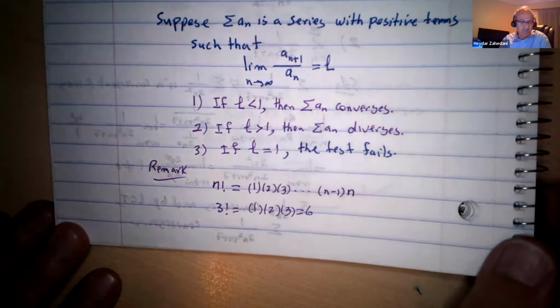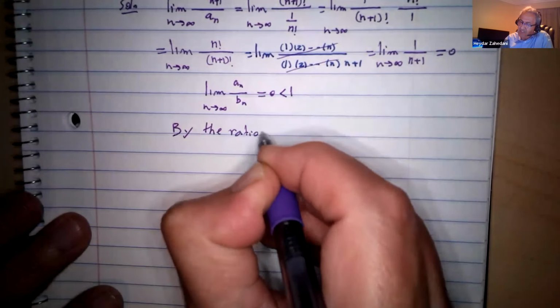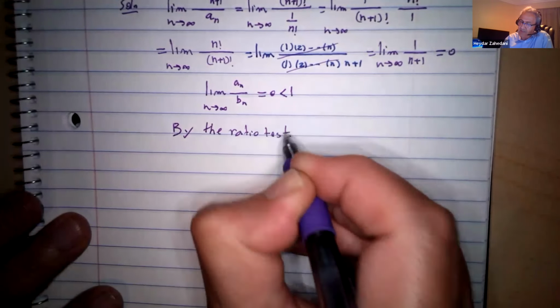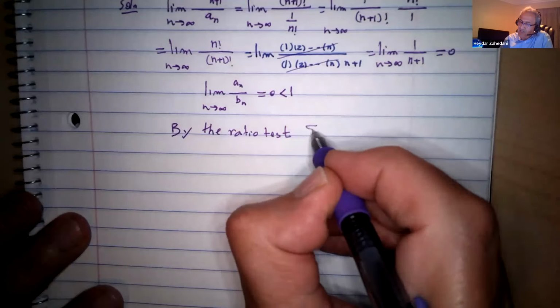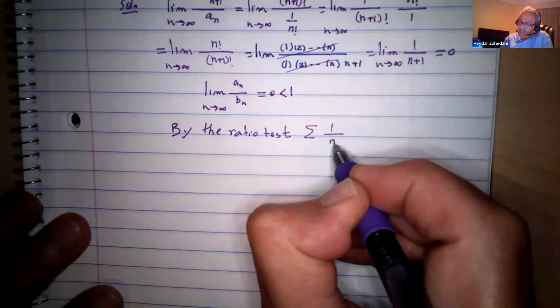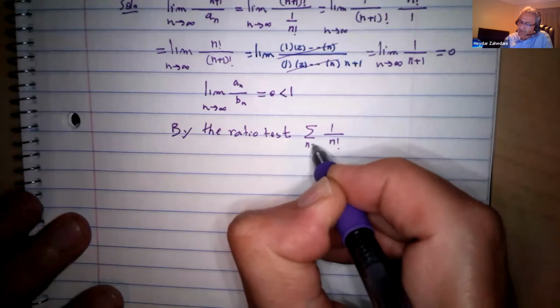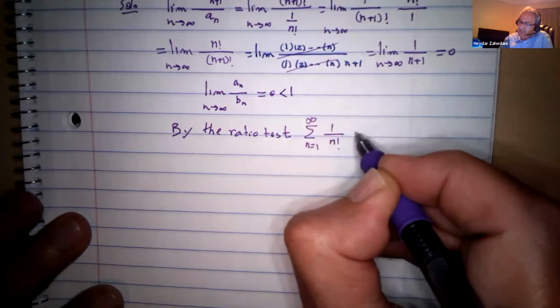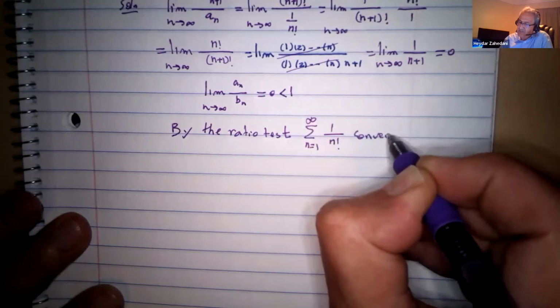So in this case, you can say that by the ratio test the series converges: sigma of 1 over n factorial, n from 1 to infinity, converges.